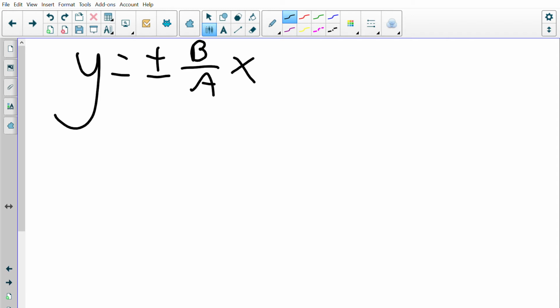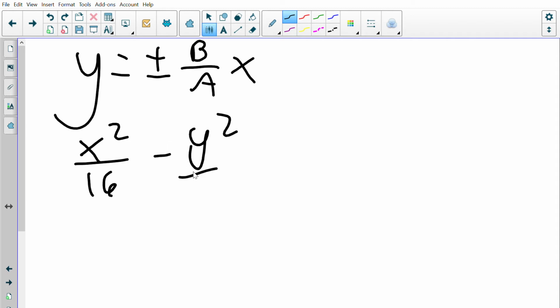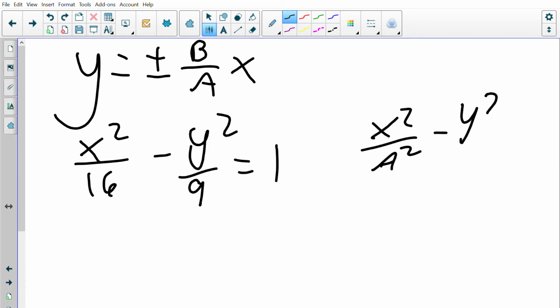So what I mean by that is our equation was x squared over 16 minus y squared over 9 is equal to 1. So the most basic way I could write this equation is x squared over a squared minus y squared over b squared.